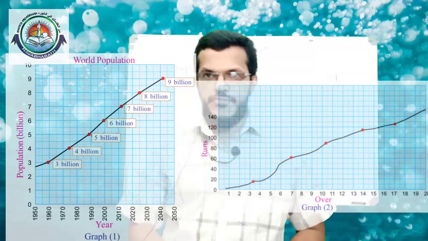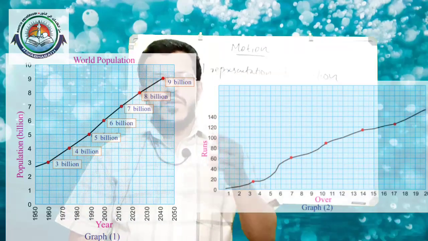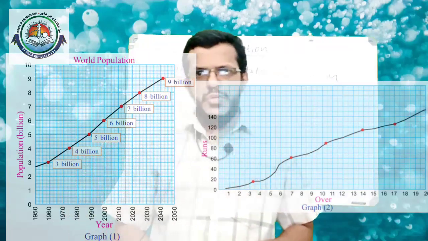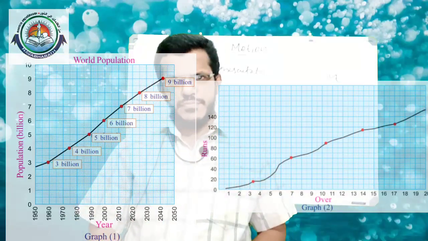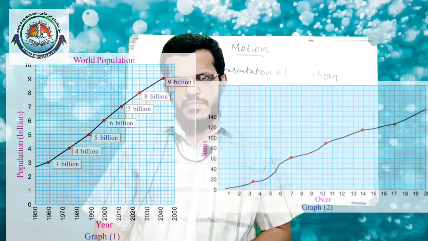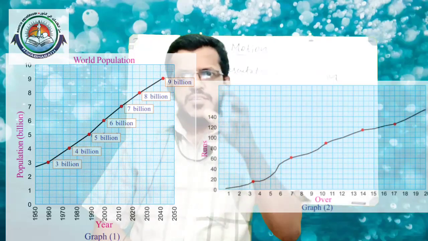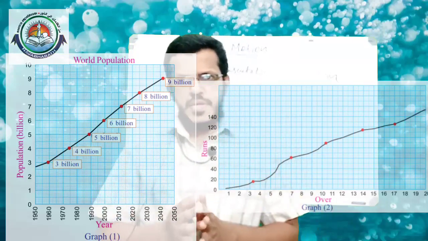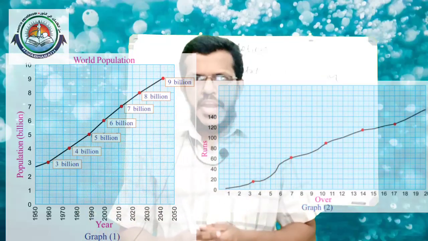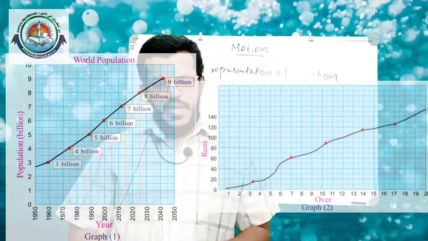Then what information do you capture from each graph? From graph 2, we can understand several things, like how many runs the team scored in each over and which is the best over.